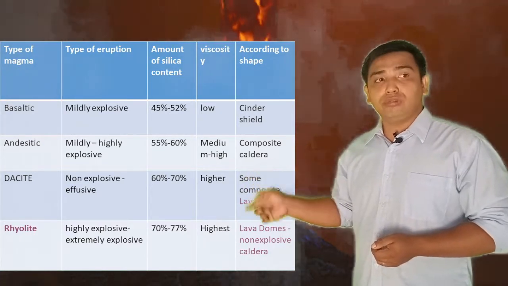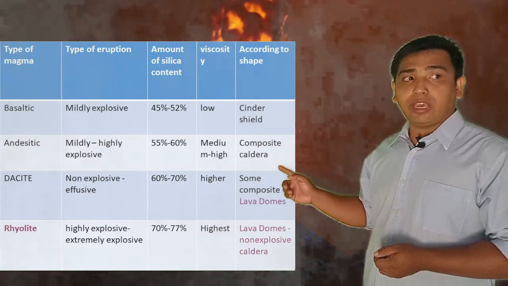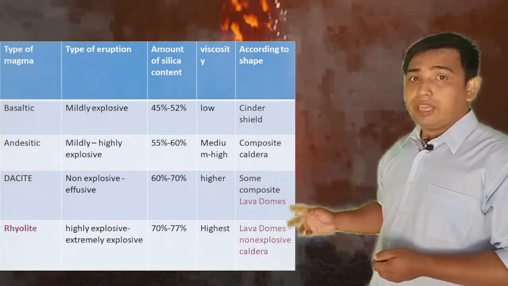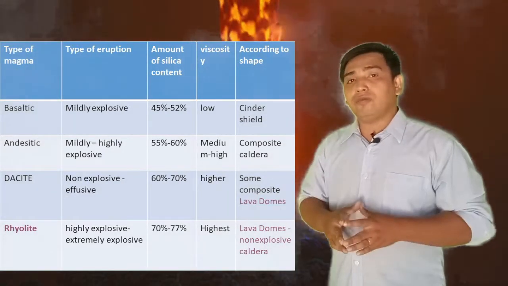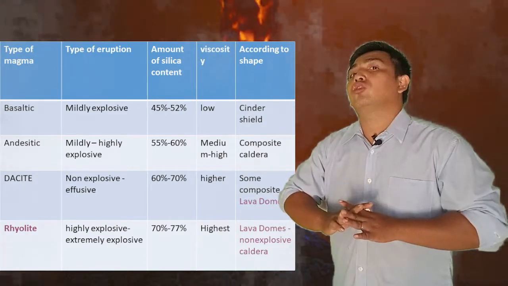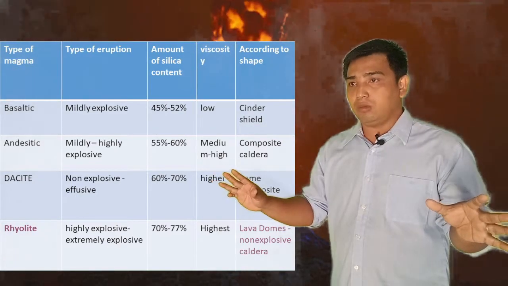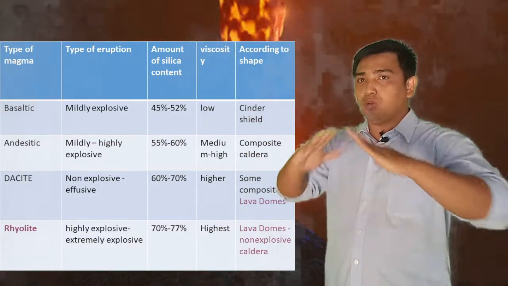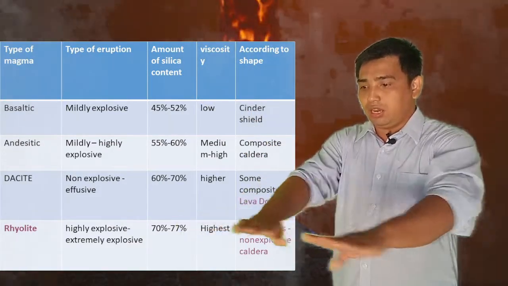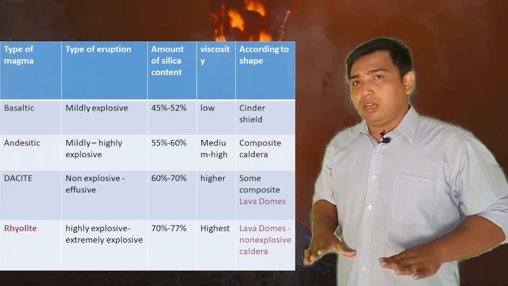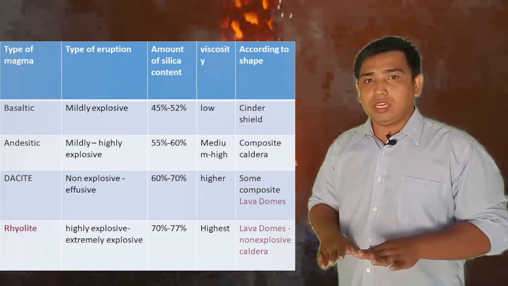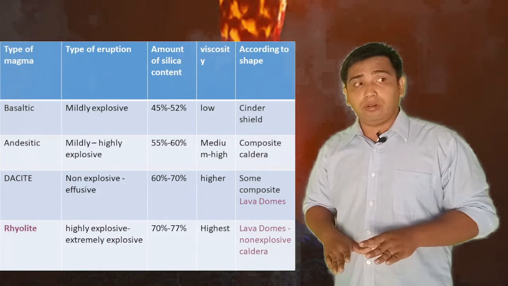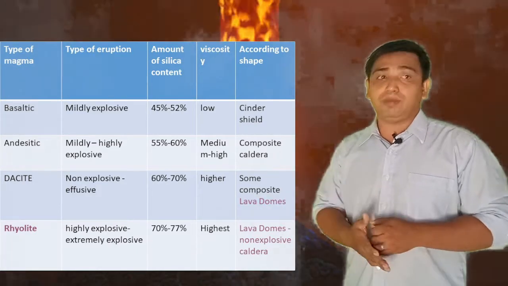It will produce composite type volcanoes and calderas. A caldera is formed when the magma chamber totally collapses and the volcano erupts. So the cone shape is gone, and the big depth of the caldera is exposed. Meaning to say, it is very explosive.